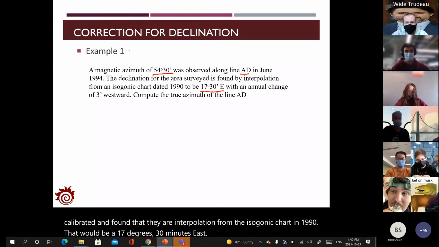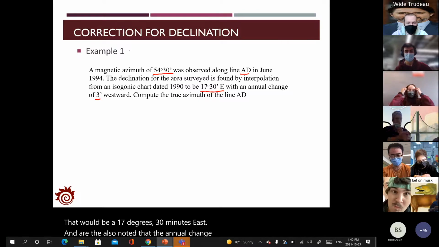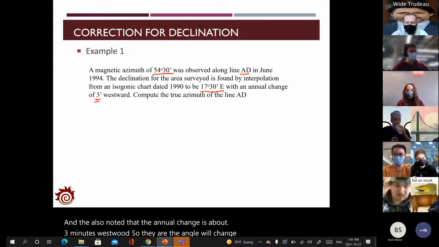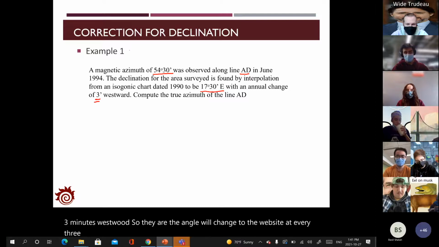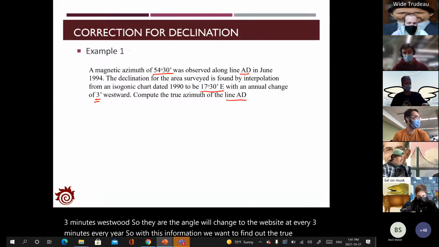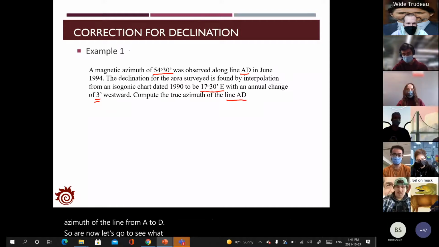And we also know that the annual change is about 3 minutes westward. So the angle will change to the west side by 3 minutes every year. With this information, we want to find out the true azimuth of the line from A to D. So now let's see what we can do with that.